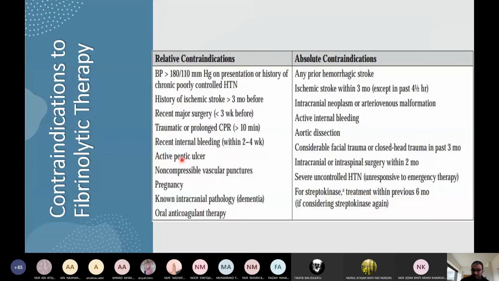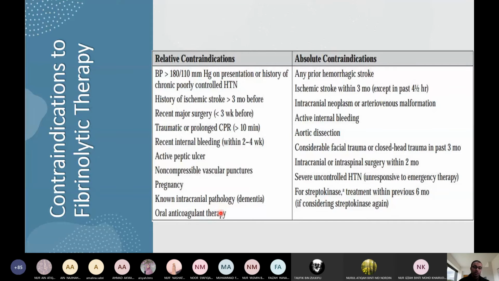Is it trauma, active peptic ulcer disease with bleeding, is the patient pregnant, is the patient currently taking an oral anticoagulant before the fibrinolytic therapy? All these have to be evaluated. Relative means it can be subject to clinical judgment. It is not an absolute contraindication.